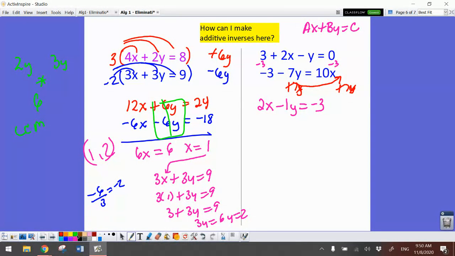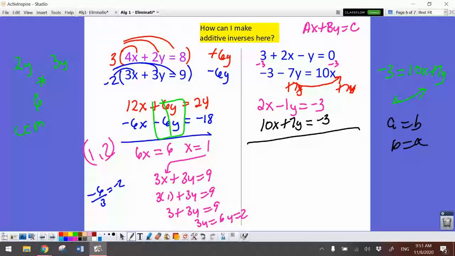So if I solve that, move that 7y, I come up with negative 3 equals 10x plus 7y. And we know that we can just flip-flop those so that they're in standard form, because a equals b equals a, that's not a problem. We just need to not lose any signs. Okay, so now I'm here. Okay, so that is easier.